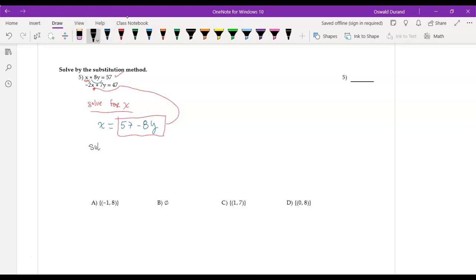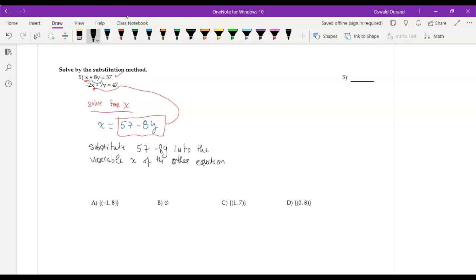So that's exactly what we're going to do. We want to substitute (57 minus 8y) into the variable x of the other equation.